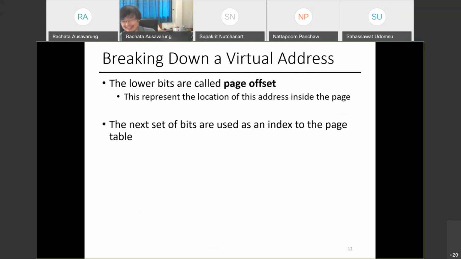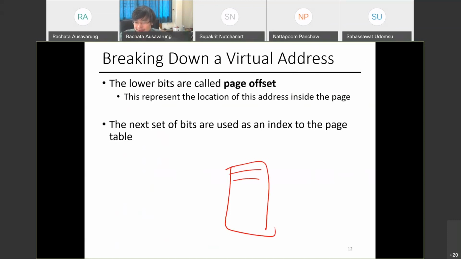Based on the caching lecture, what does index mean? It has the same meaning. What does it mean to index into the page table? So what does the page table look like? It's a table, right?